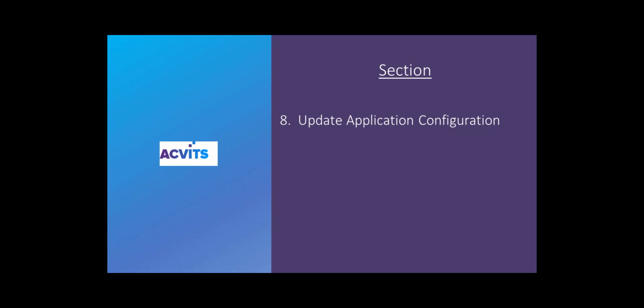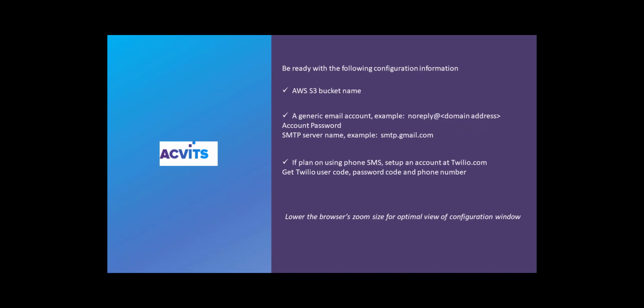In this section, you will update the application configuration. Resize your browser zoom button for optimal viewing. You will need AWS S3 bucket name, a generic email address, for example, reply at your domain address, its password, and SMTP server name.